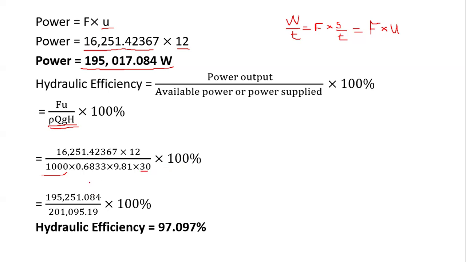Whichever version of calculator you have, as long as you use it correctly, it's supposed to give you your hydraulic efficiency, in this case, 97.097%. You will notice here that the efficiency is quite high, but of course we still have some losses, and it's normally not possible to reach 100% for real machines.